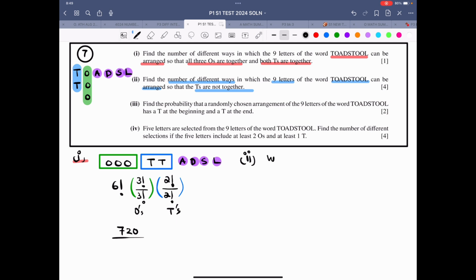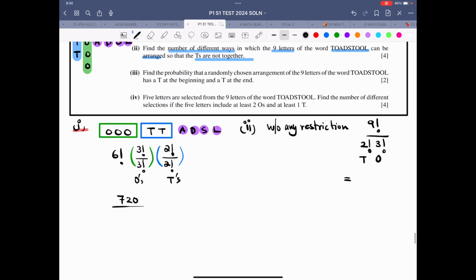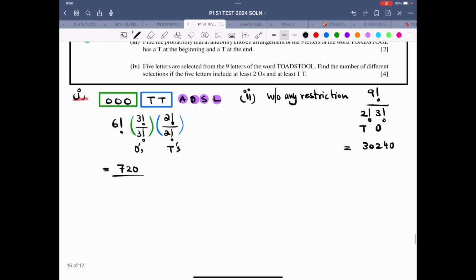First of all, without any restriction, for these 9 letters of the word toadstool, that is 9 factorial divided by 2 factorial for the T's, 3 factorial for the O's. Let me grab a calculator, and this comes out to be 30240. And let me also put an equal sign over here. This is without any restriction.